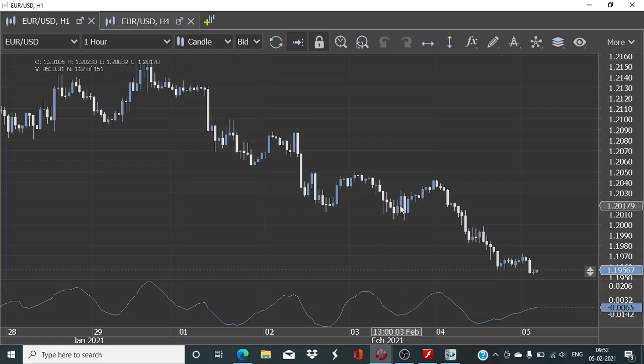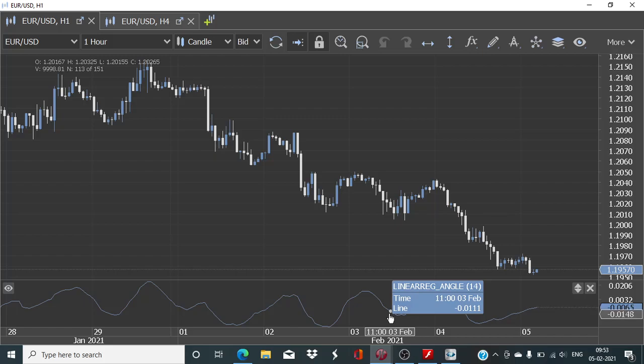If now the linear regression value is higher compared to the value 3 hours back, and at the same time the linear regression angle value 3 hours back should be less than the linear regression angle value 5 hours back.